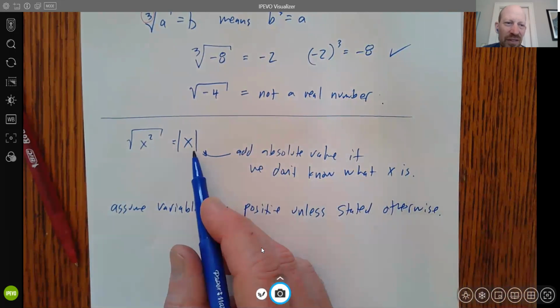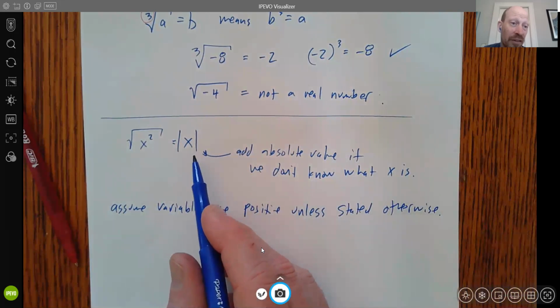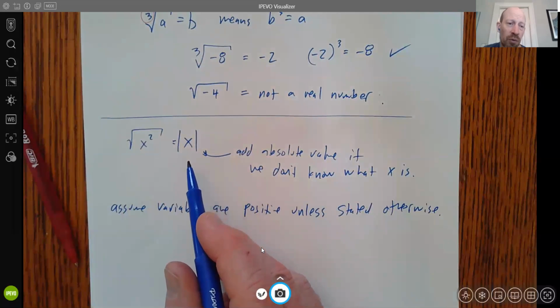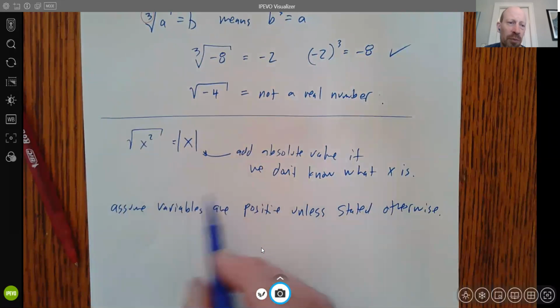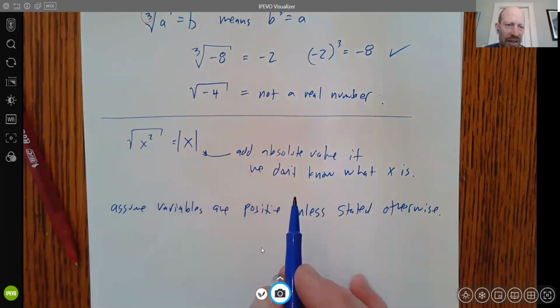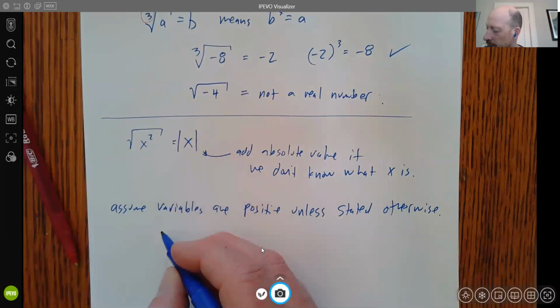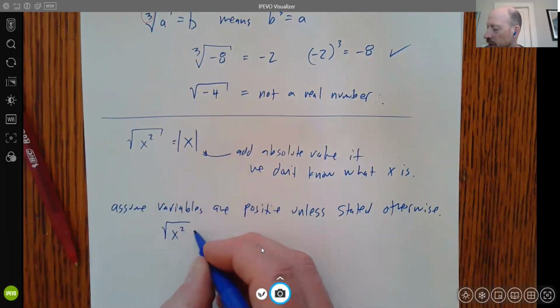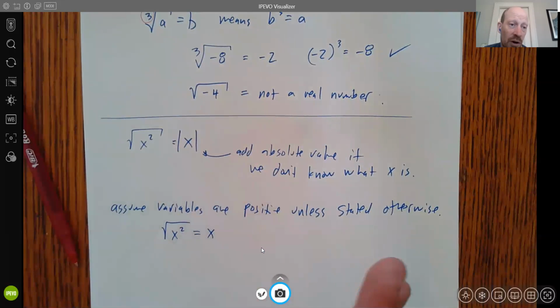The idea is that it's a pain to put the absolute value on every single time. So we're just going to assume that the variables we're working with are all positive. And that allows us to write the square root of x squared equals x. If the variables are all positive, then x is positive, and so I don't need the absolute values here. That's true for our work too. We're going to assume that everything is positive unless I say otherwise.